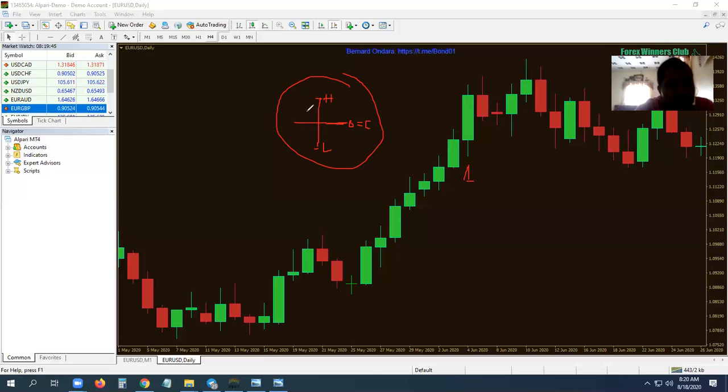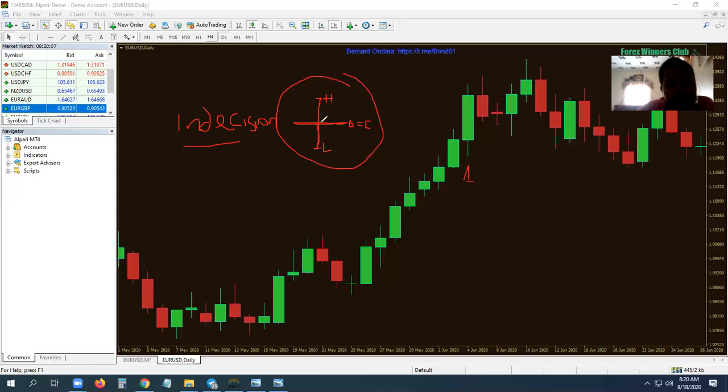Now, this kind of a doji simply says indecision. Market's not decided. Because if you look at where the line is, down here, when the market was pushing down, who are these who are pushing the market down? Bears.